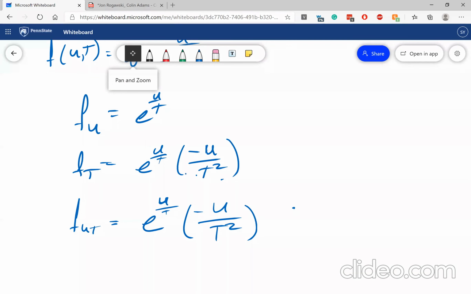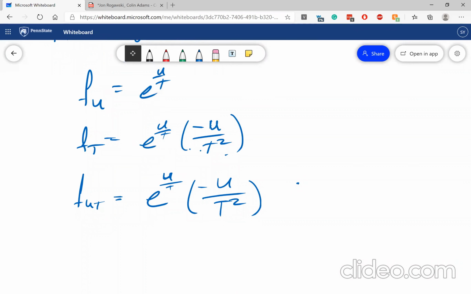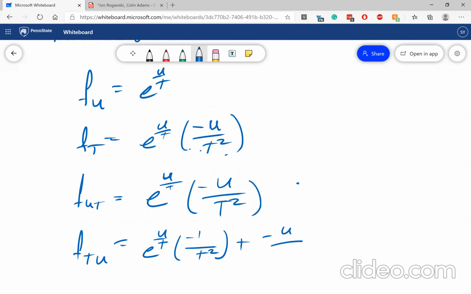And then the partial of t with respect to u, so that comes from here. That would be this times the derivative of this, which would be e to the u over t times -1 over t squared, plus this -u over t squared times the derivative of this, which is e to the u over t.